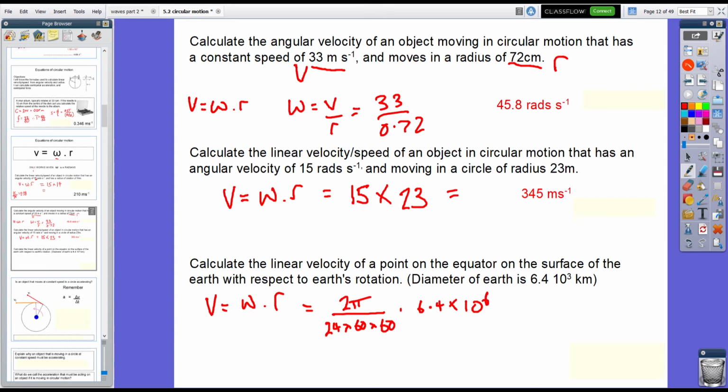Don't forget that 6, because that's 6.4 times 10 to the 3 kilometers, so it's 6.4 megameters, though we don't often use that unit. And that tells us that the actual speed that we're traveling at right now is approximately 465 meters per second, about 1,000 miles an hour. Obviously we don't feel that because everything's moving at that speed, so we're not particularly feeling that force of movement. Okay.